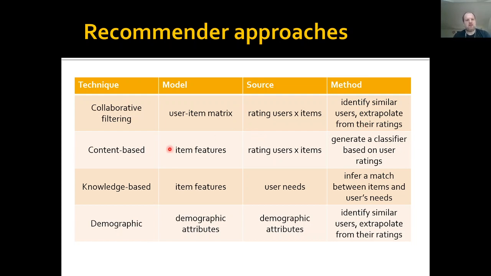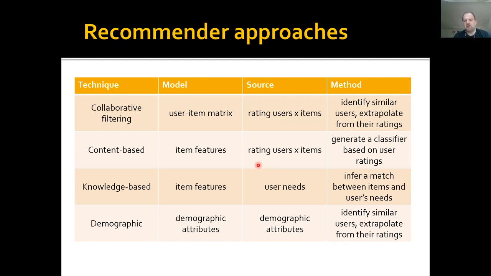The second technique is content-based recommendation, where we also have some ratings, but just for the active user, the user for whom we want to recommend something. And instead of simulating similarity of users based on ratings, we use similarity of items based on content features. This is beneficial in cases where we don't want to be dependent on other users.